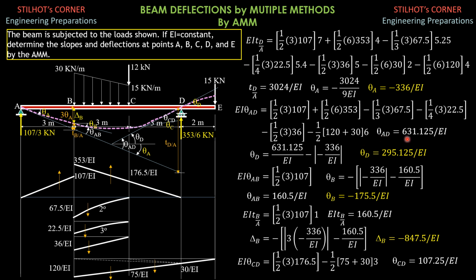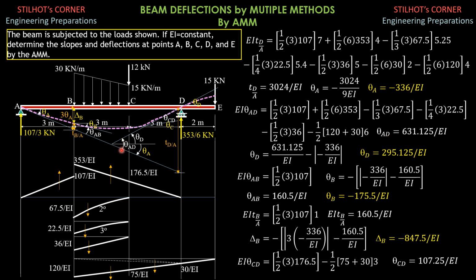So theta AD is 61.125 over EI. Because it is positive, it means that the angle from the tangent at A to the tangent at D is counterclockwise. So that's positive theta AD.